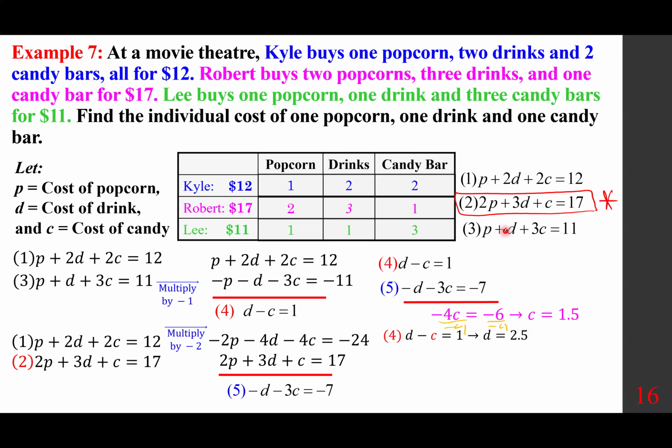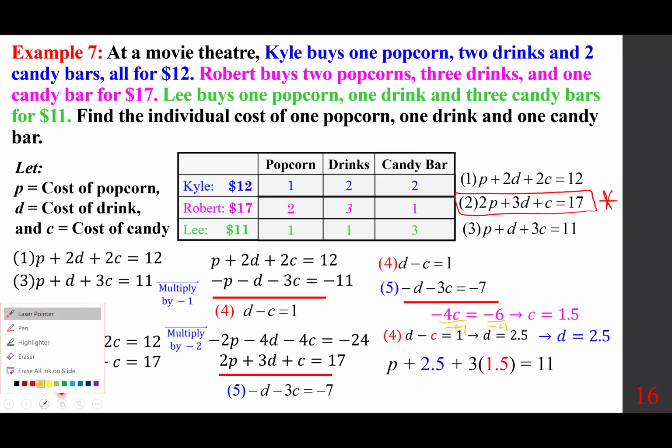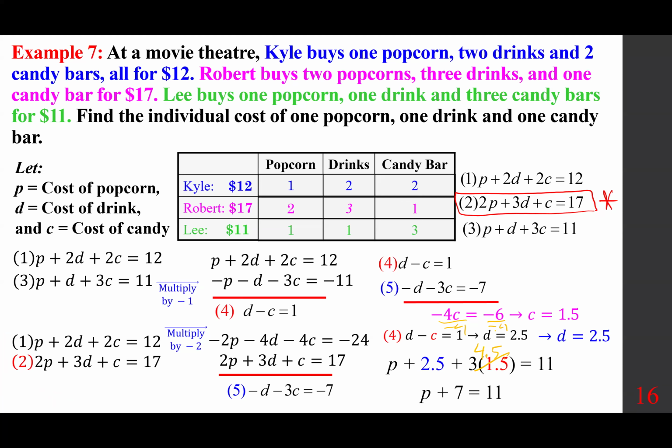D is 2.5. 3 times c is 4.5. So plug it in. 4.5 and 2.5, they add up to 7, subtracted from 11, p becomes 4.